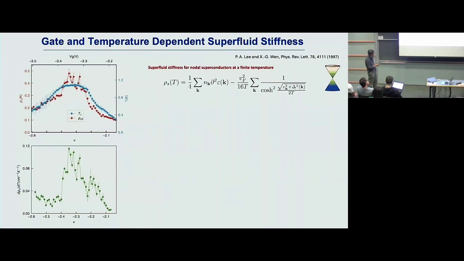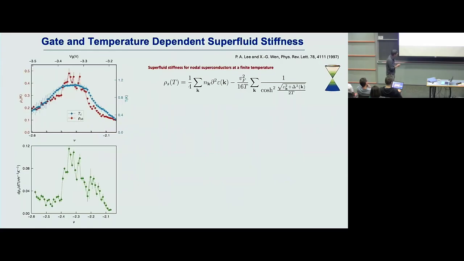One of the original papers, by Patrick Lee and Xiao-Gang Wen, looks at how the superfluid stiffness changes as a function of temperature. The main ingredient is how the band structure, the energy, changes, which will give you the effective mass of the system.